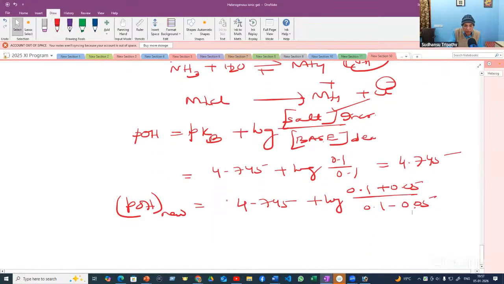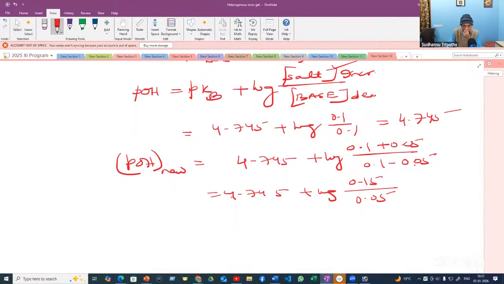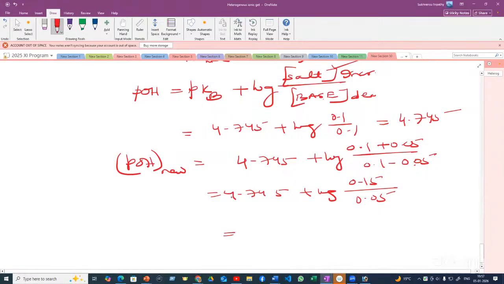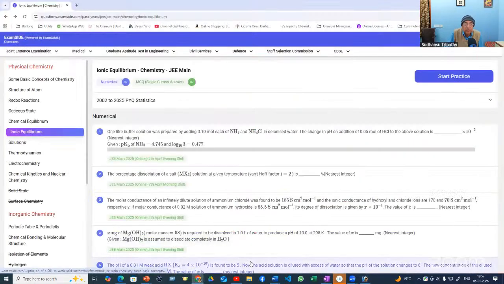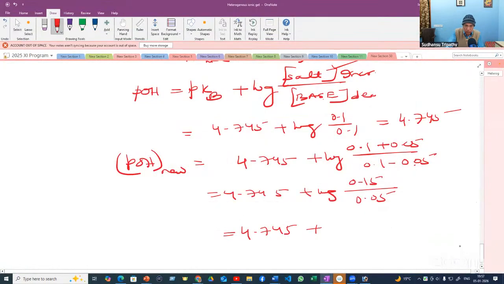So it is 4.745 plus log 0.15 divided by 0.05, so it is log 3. Log 3 is equal to 0.477, which we already know.